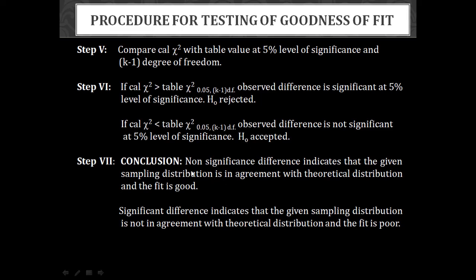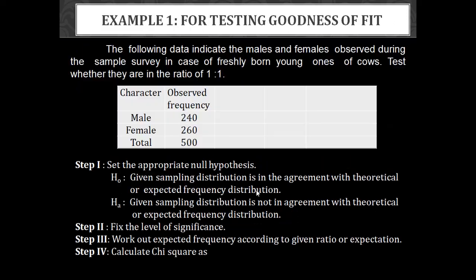Finally, in the conclusion, we write that a non-significant difference indicates that the given sampling distribution is in agreement with the theoretical distribution and the fit is considered good, while a significant difference indicates that the given sampling distribution is not in agreement with the theoretical distribution and the fit is considered poor.